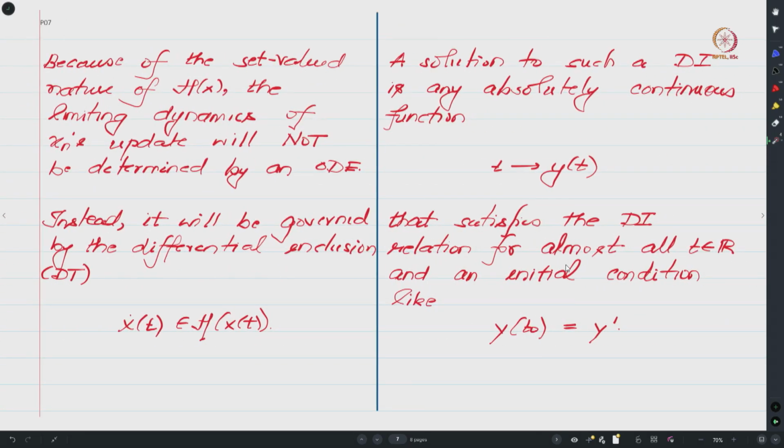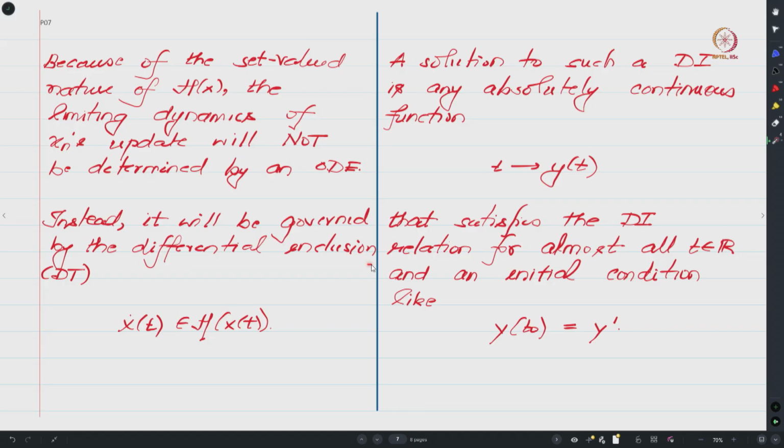Is this okay? So because of the set valued nature of this capital H(x), the dynamics of x_n is not determined by a vector valued function, instead it is determined by this set valued function. Consequently the limiting dynamics of x_n's update will no longer be determined by a differential equation, instead it will be governed by a set valued generalization of a differential equation, which is a differential inclusion.